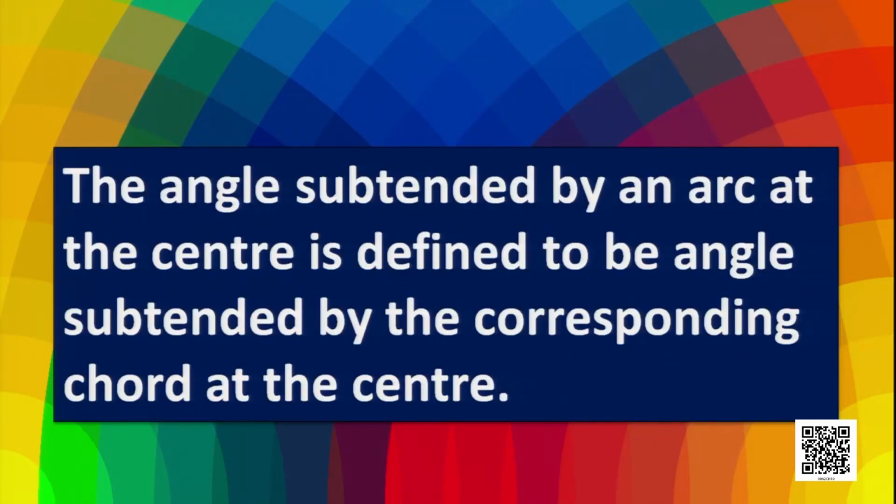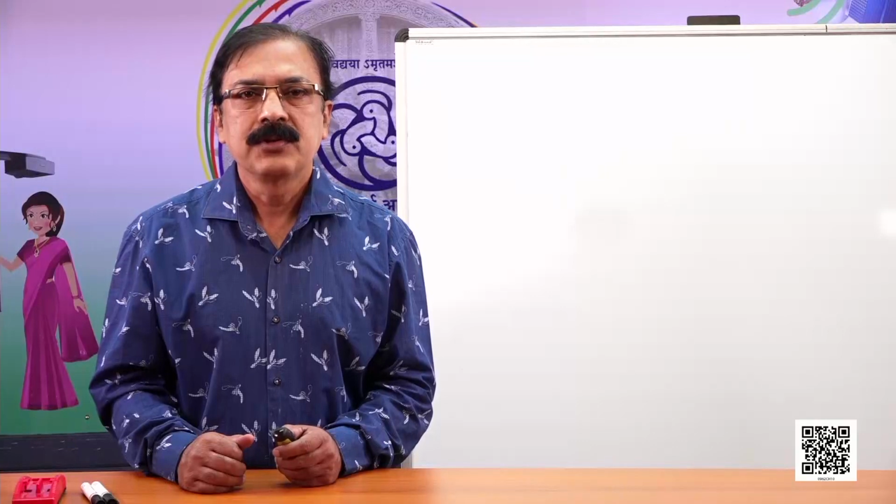That is, we can say the angle subtended by an arc at the center is defined to be the angle subtended by the corresponding chord at the center. So as you know, the minor arc subtends the angle and the major arc subtends the reflex of that angle.